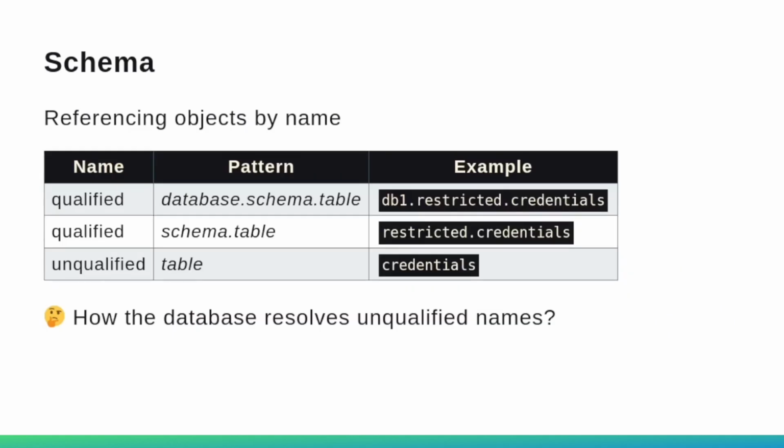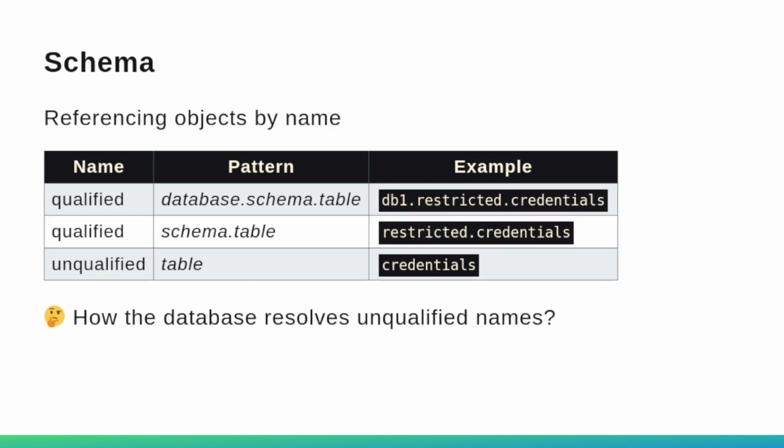So let's pause for a minute and talk about how we reference objects in the database, okay? So there are two ways of referencing database objects. And when I say database objects, I mean tables, views, sequences, materialized views, and so on. So we have the qualified and the unqualified name. The qualified name includes the name of the database, the name of the schema, and the name of the table.